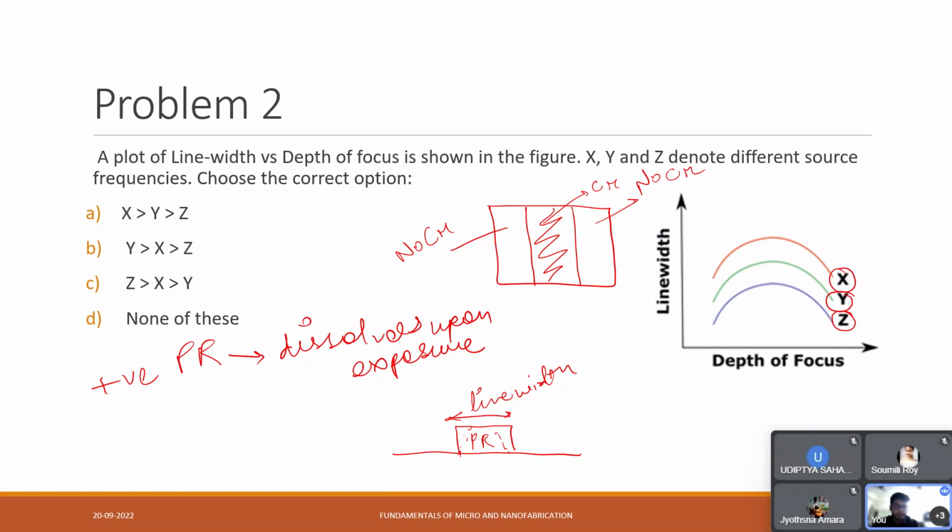So this is an inverse relation. The line width decreases, so the frequency should increase. Essentially the frequency will be Z, Y and X in that order.